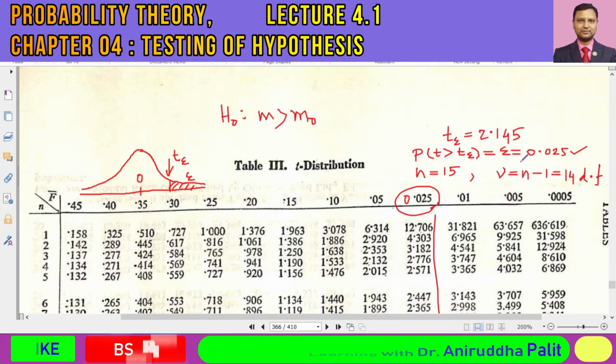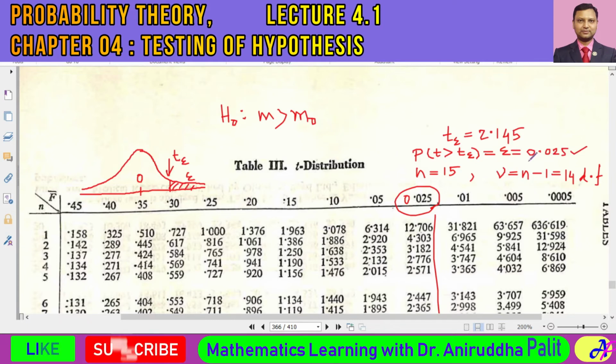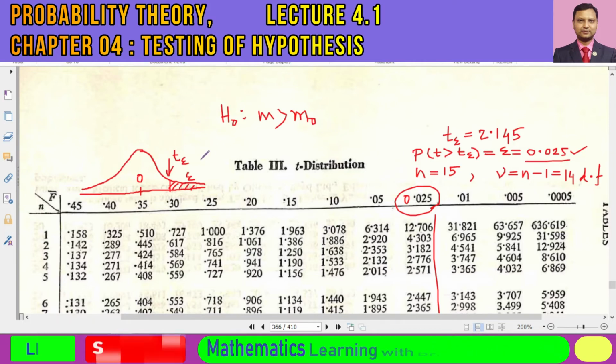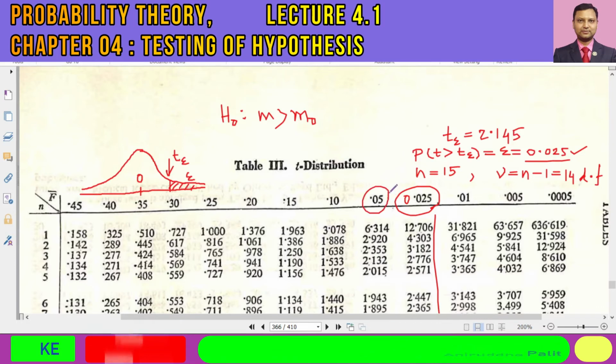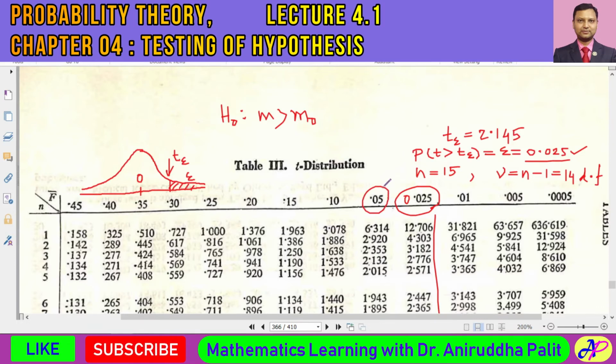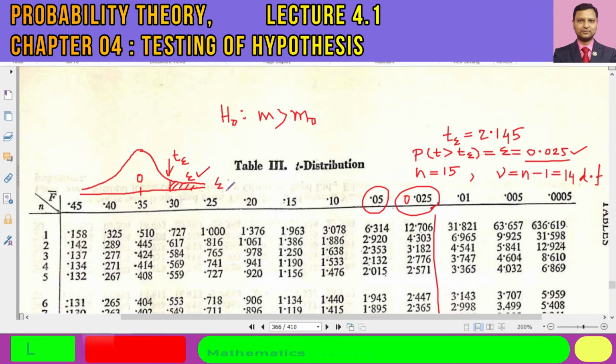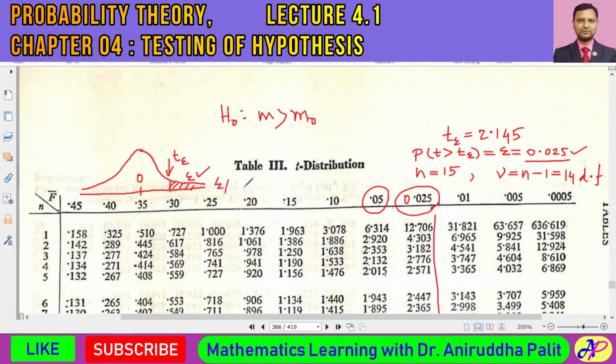Now instead of 0.025 we have 0.05. Now it depends what kind of test we are performing. If this is a two-sided test, then this epsilon probability will be distributed on both sides, so on the right hand side we will have epsilon by 2.